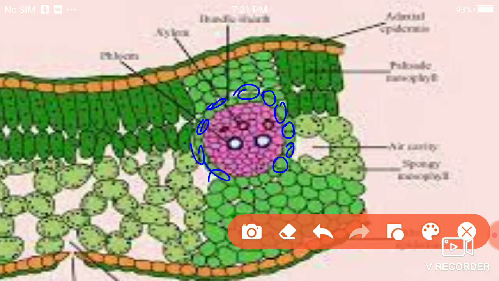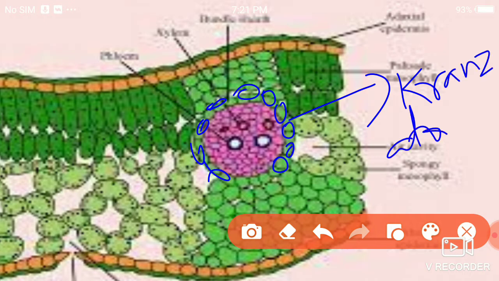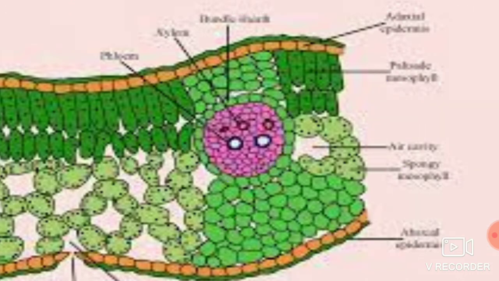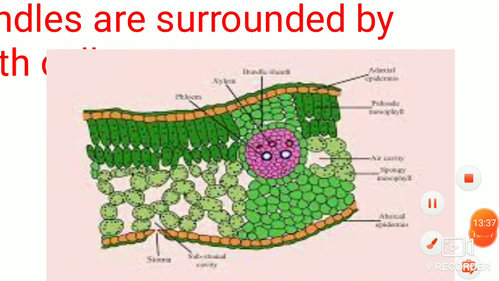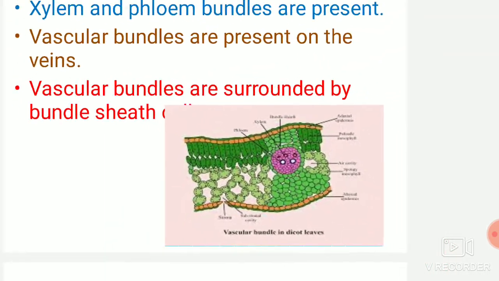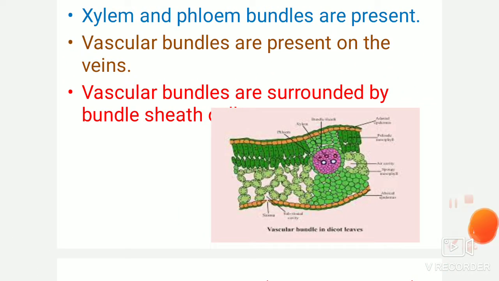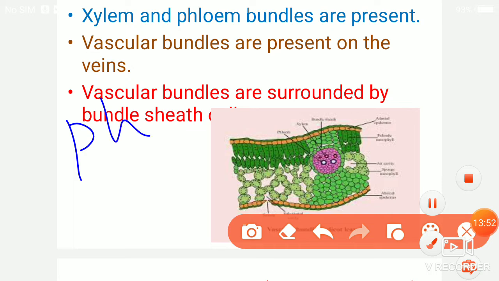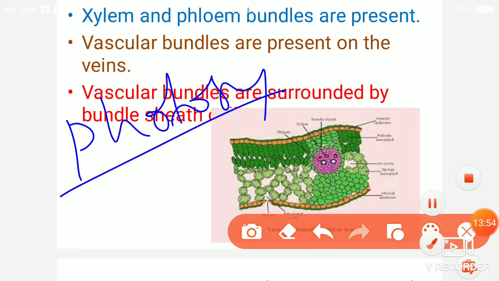If these bundle sheath cells are present, this is called Kranz anatomy. If Kranz anatomy is present, then it is called a C4 plant. So where are they present? They are present around the xylem and phloem. These vascular bundles and bundle sheath cells play an important role in photosynthesis.